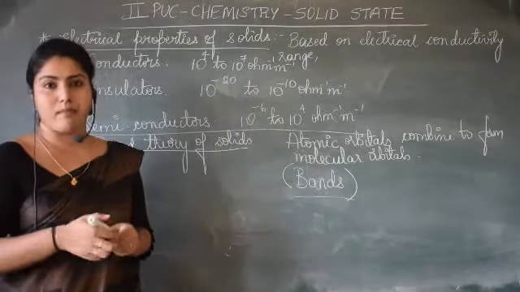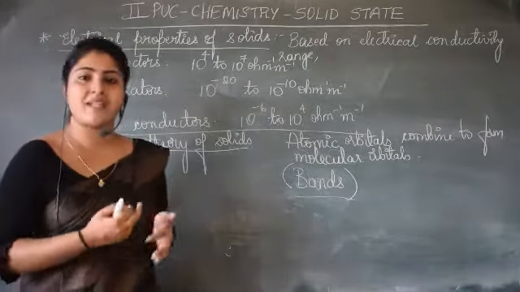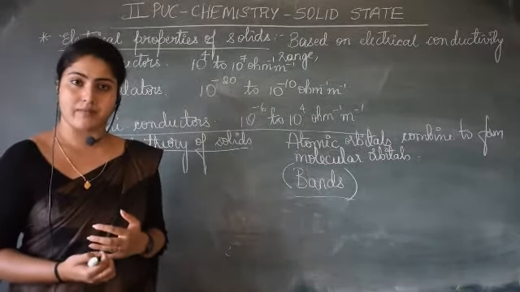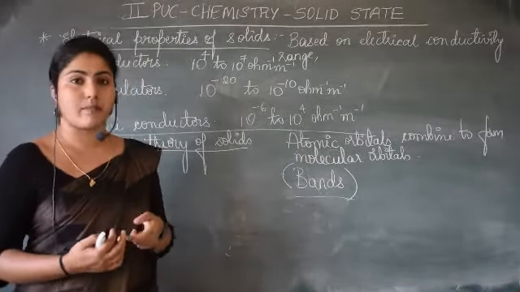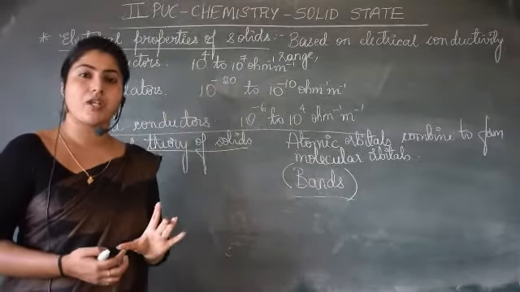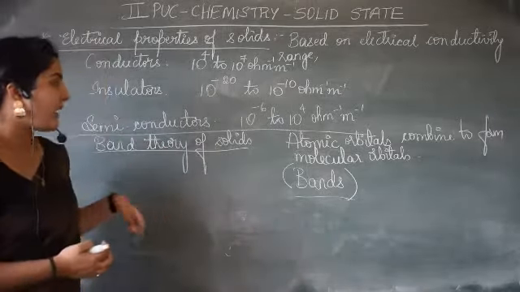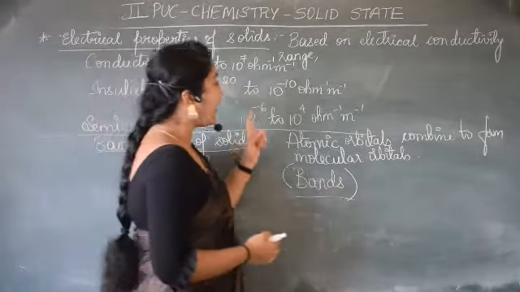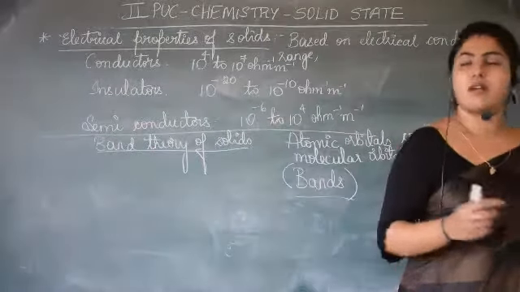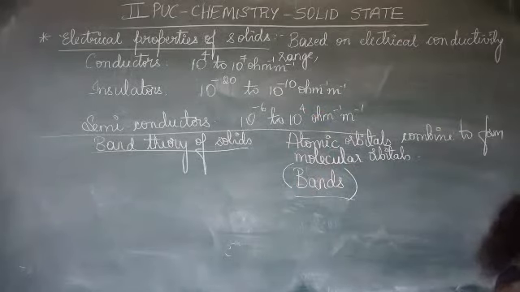Now, what is this band? Actually, we say a valence band and a conduction band. Valence band means, say, the empty band. Conduction band means where you have the electrons filled up. So, based on that, we can consider conductors, insulators, and semiconductors also.